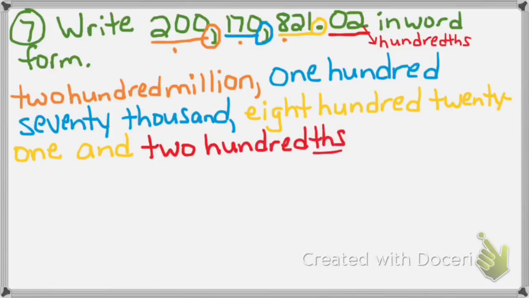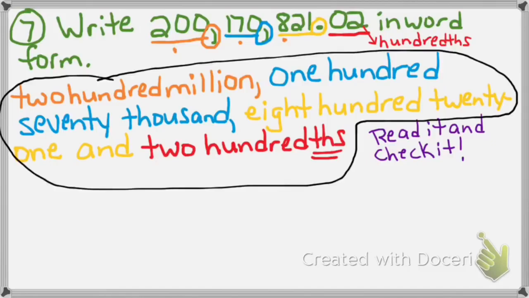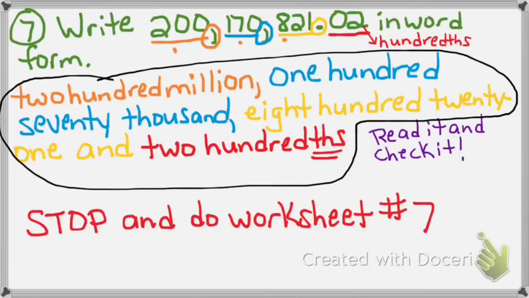That THS at the end is very important. So I have 200,170,821 and 2 hundredths. Always read it and check it against your original standard form number when you're done. I read it and checked it, so that is correct. That's my final answer. Please stop and complete worksheet number 7 right now.